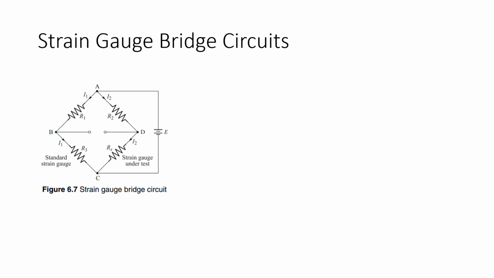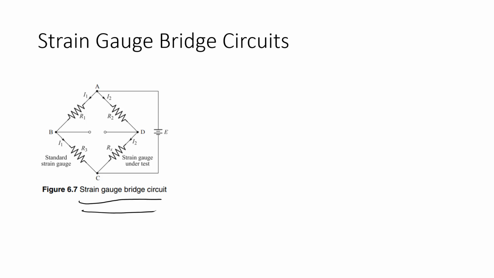Okay, so after we learn about the Kelvin bridge and also the Wheatstone bridge circuit, we use this phenomenon to develop the strain gauge bridge circuit like this one. So it is very similar to the Wheatstone bridge here. We have the four resistors R1, R2, R3, and also Rx.